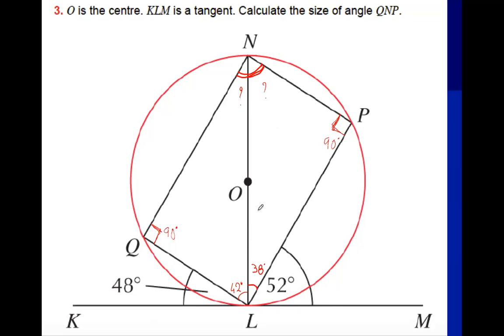So you would say 180 minus 90 plus 38 is going to give me 52. And the same on that side, 48.